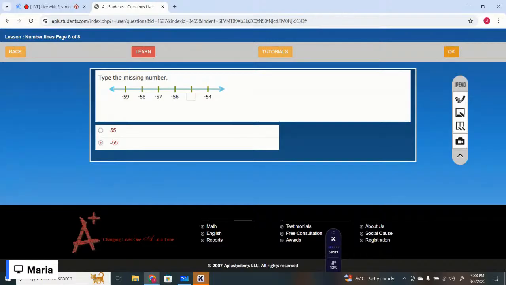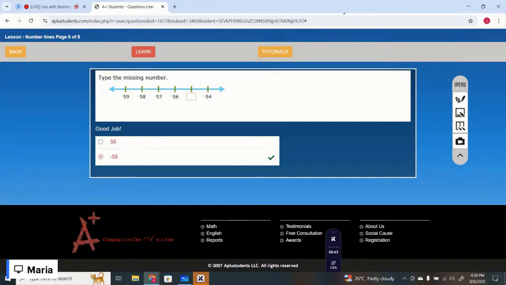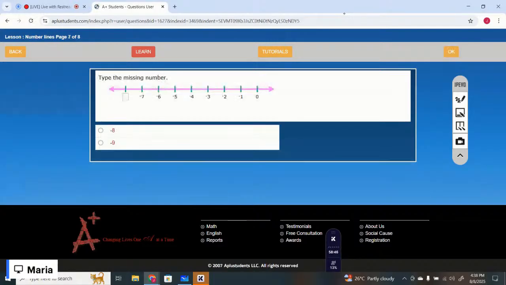Option number 2 is the correct option. The missing number is negative 8. Option number 1 is the correct option.